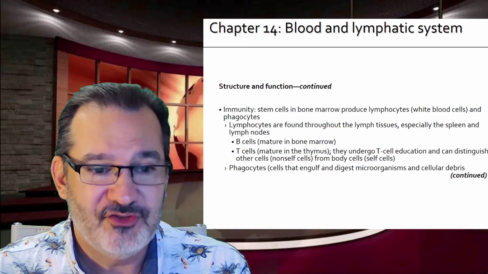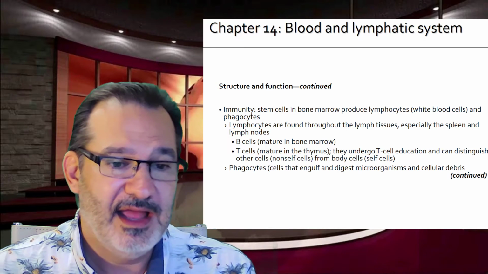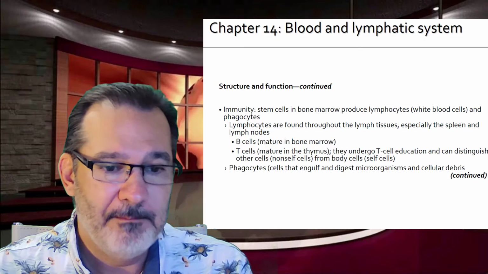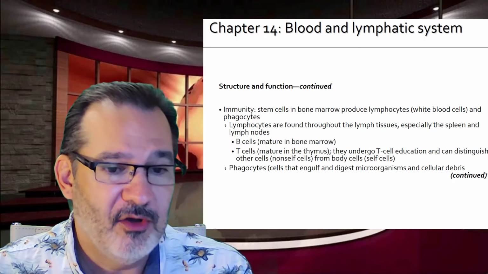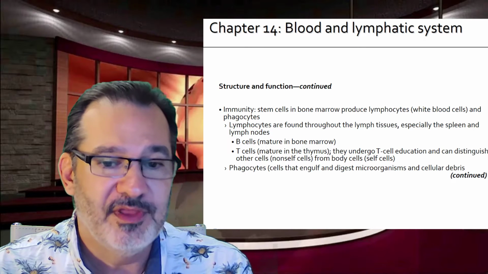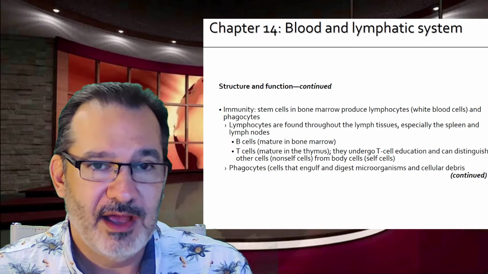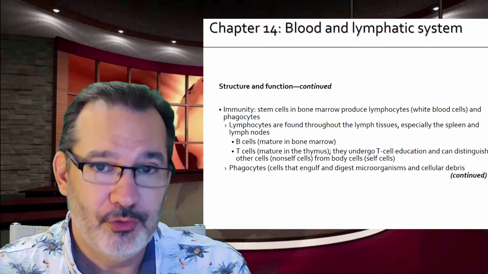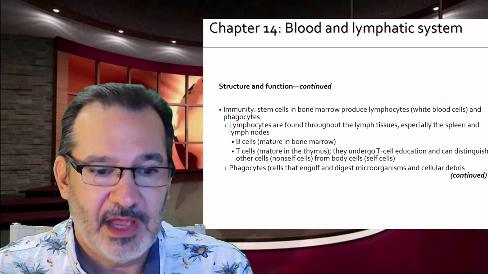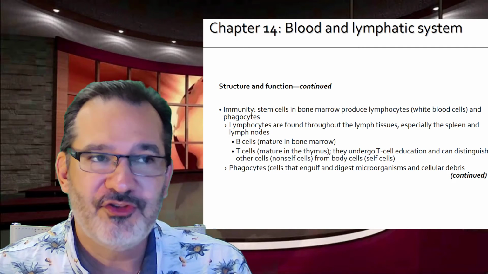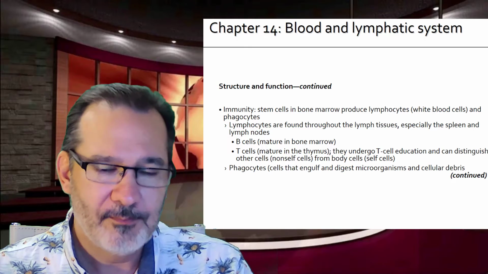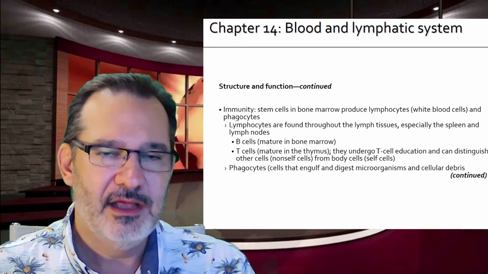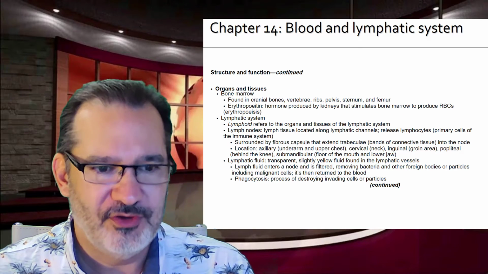Lymphocytes are found throughout lymph tissue, especially in the spleen and the lymph nodes, and those aid in our immune response. B cells mature in bone marrow, and T cells mature in the thymus, and these are both highly involved in the immune process. Phagocytes are cells that engulf or swallow up and digest different microorganisms. So again, that's all aiding our immune system.